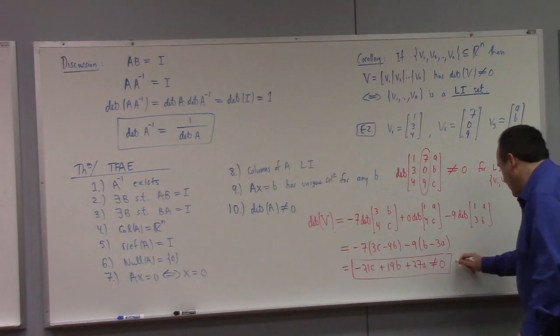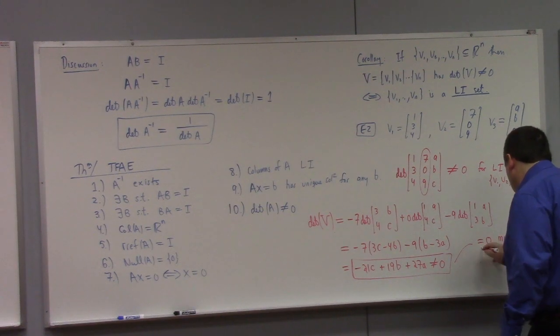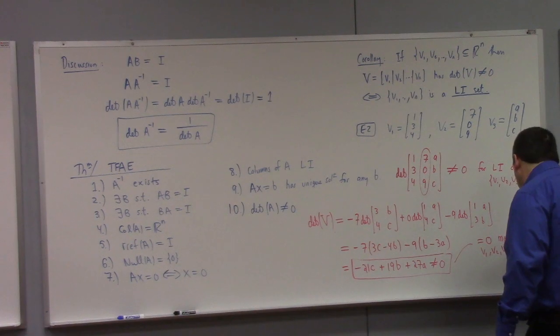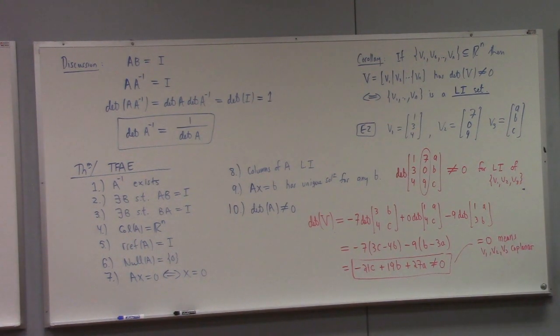If this is instead equal to 0, it means v1, v2, v3 are coplanar. Because what it would mean is that the set v1, v2, v3 is linearly dependent. Therefore, one of those can be written as a linear combination of the other, right? So if you can envision the plane that has, say, v1 and v2, you can build v3 merely from a linear combination of v1 and v2, subject to that condition, right?